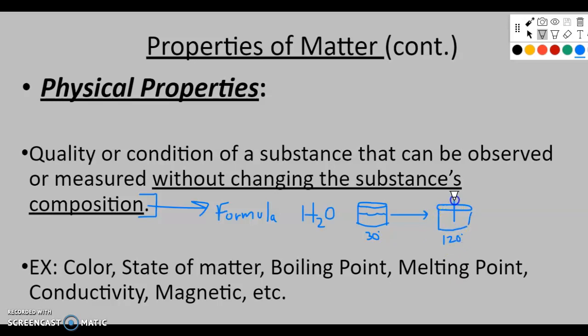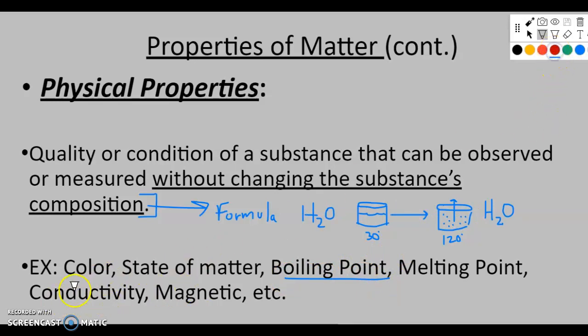So that water is going to evaporate. It's going to boil into gas particles. But the gas particles are still technically H2O. They just change the state of matter. So therefore, boiling is a physical property.